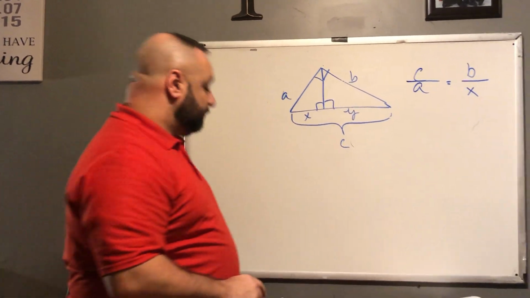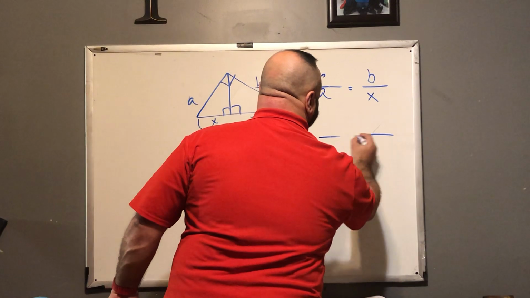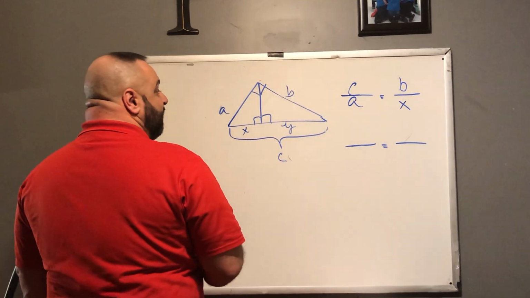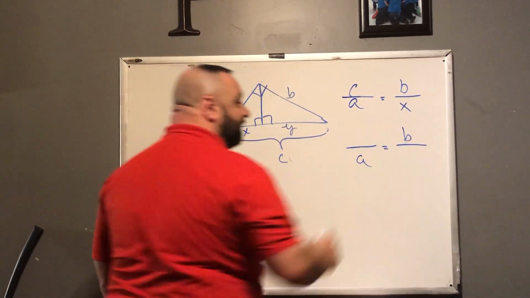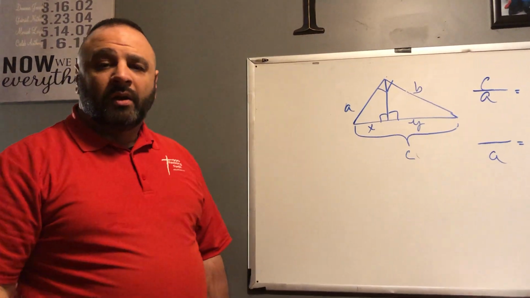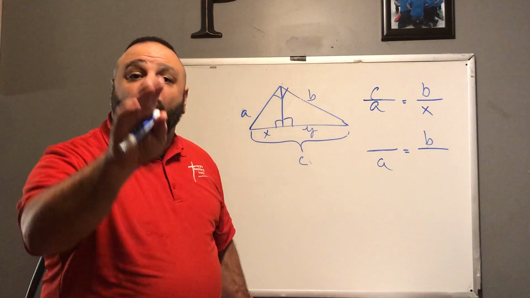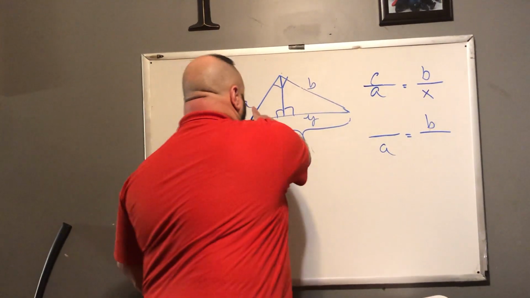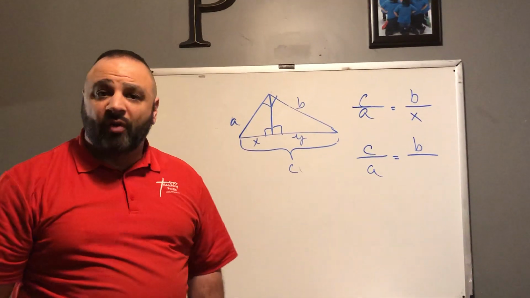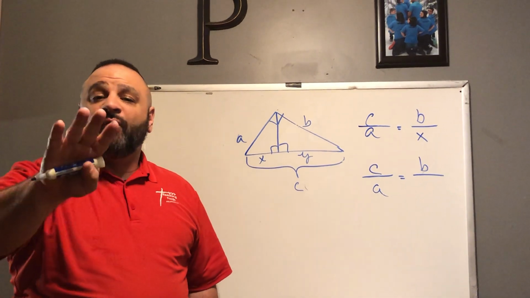Now, here's another formulation of it. If we said again, the length of our legs are the geometric mean, the length of the hypotenuse, the whole length, still goes over C over A. Now, what's the fourth term?